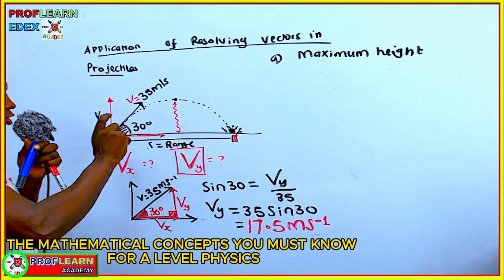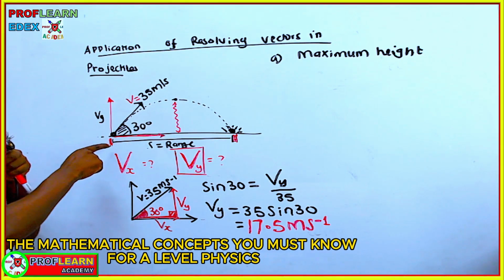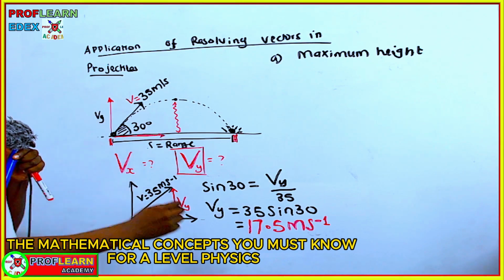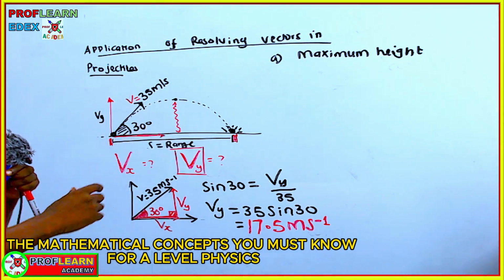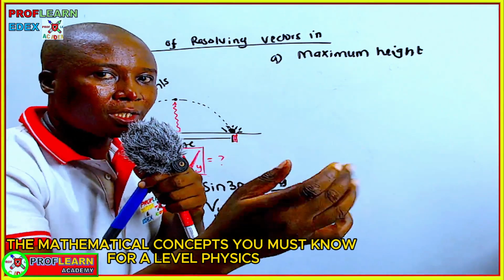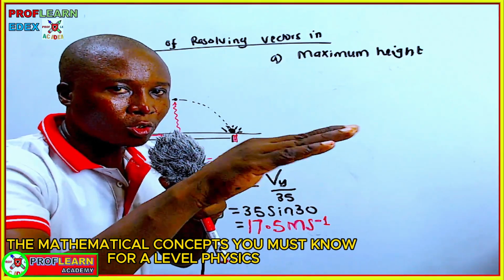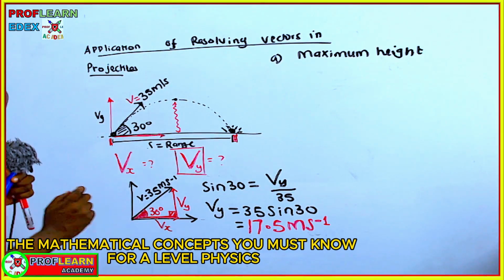So in the vertical direction, this object that was projected was moving upward at a rate of 17.5 meters per second. But in the x direction, at which speed will it be moving in the horizontal direction? That is the one that we are finding here.